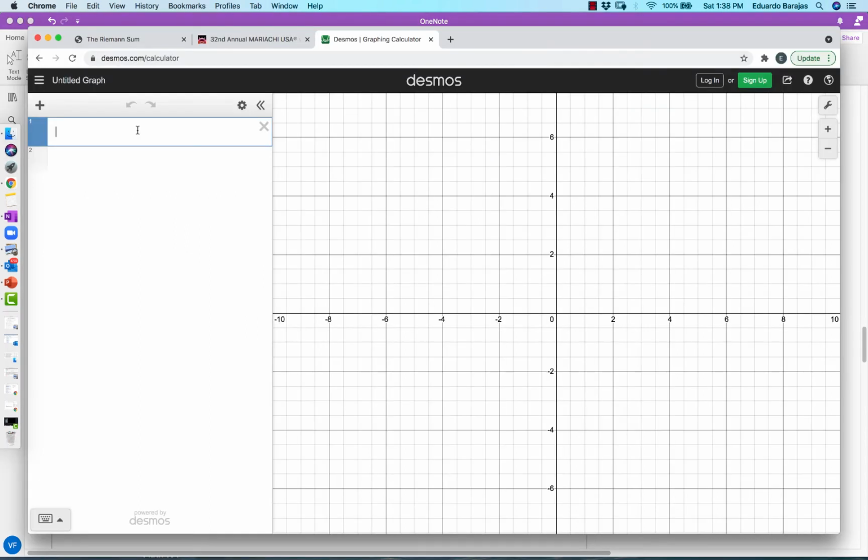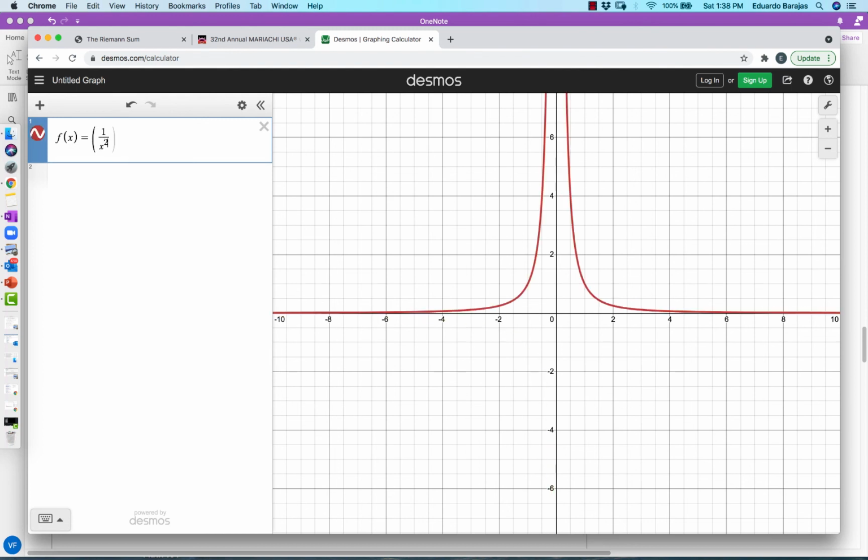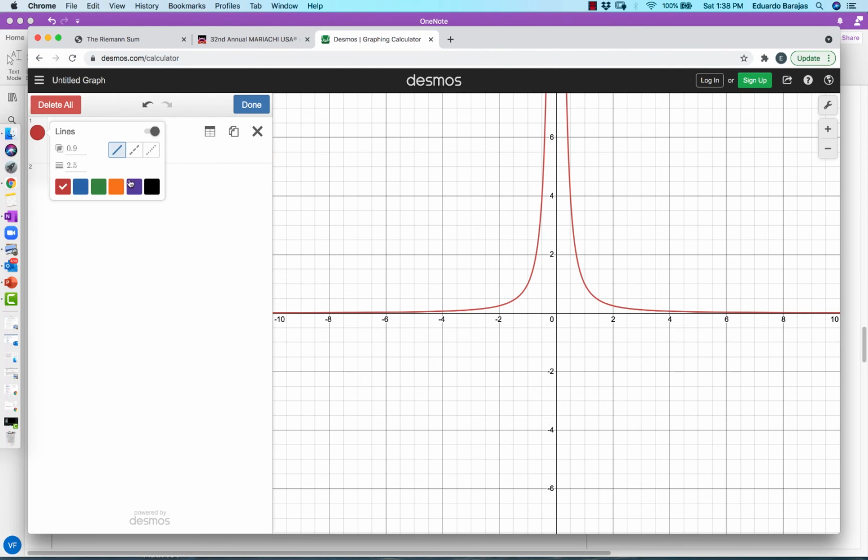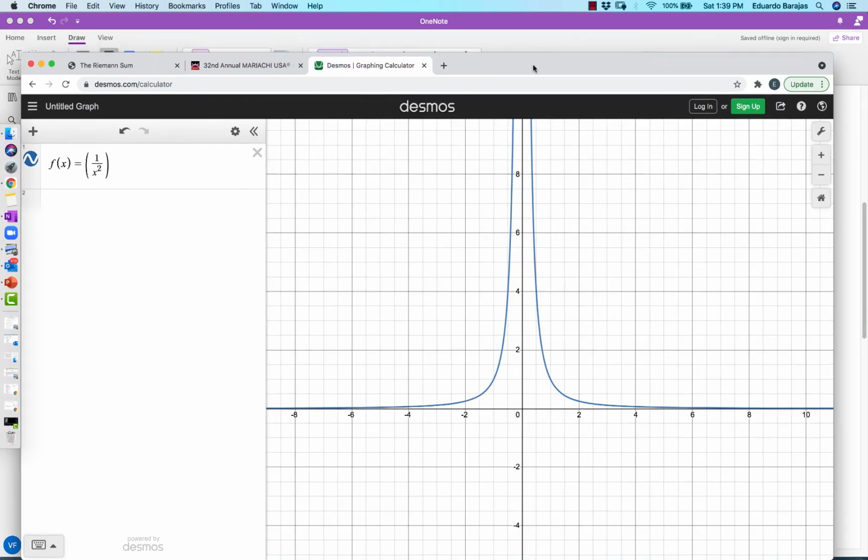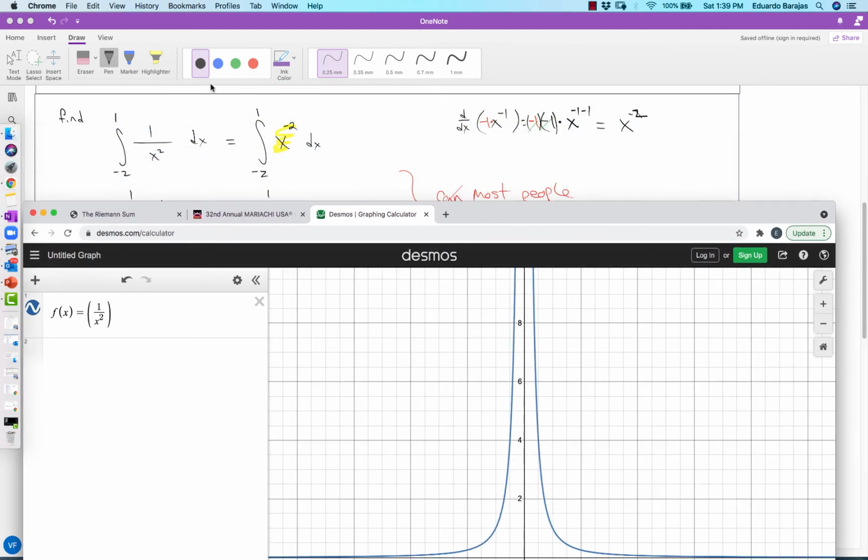Let's graph it. Okay, using Desmos, I can type in f of x equals 1 divided by x to the second power. And I don't want to use red. Let's use blue. There's our function, and if we look at our integral, remember this is the area underneath this function above the x-axis, trapped between -2 and 1.